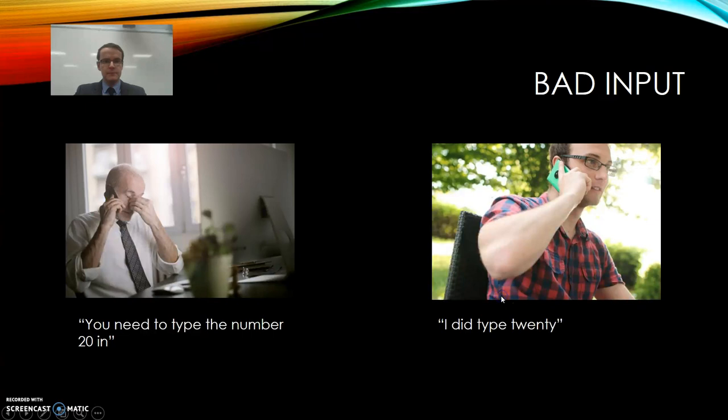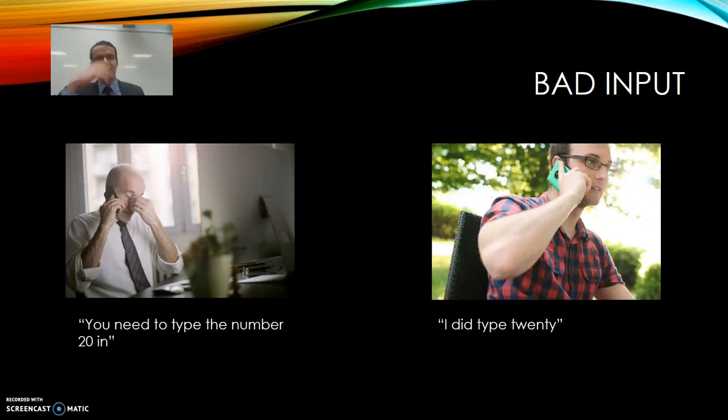Now, the problem, I suppose, is potentially bad input that could occur. So imagine that you are designing this application. And you can just see there, imagine you're on the help desk and you've got a call and you're just thinking to yourself, yeah, let's just deal with this one. Yeah, you need to type the number 20 in.